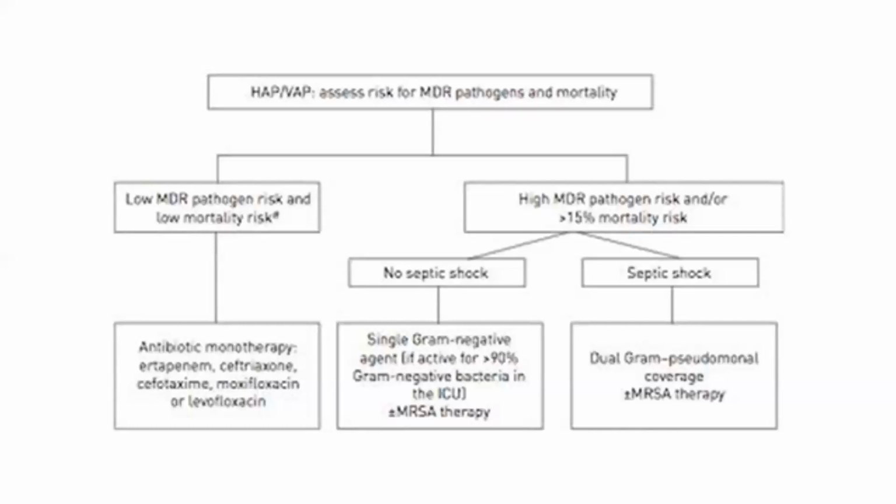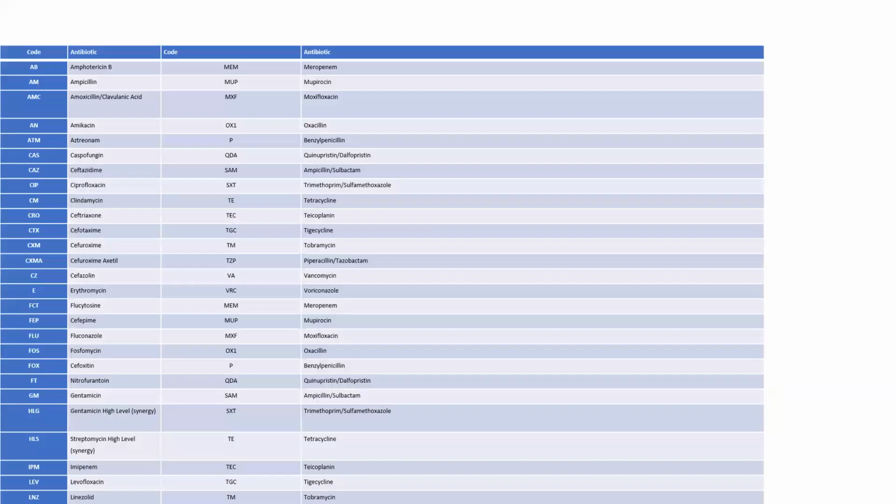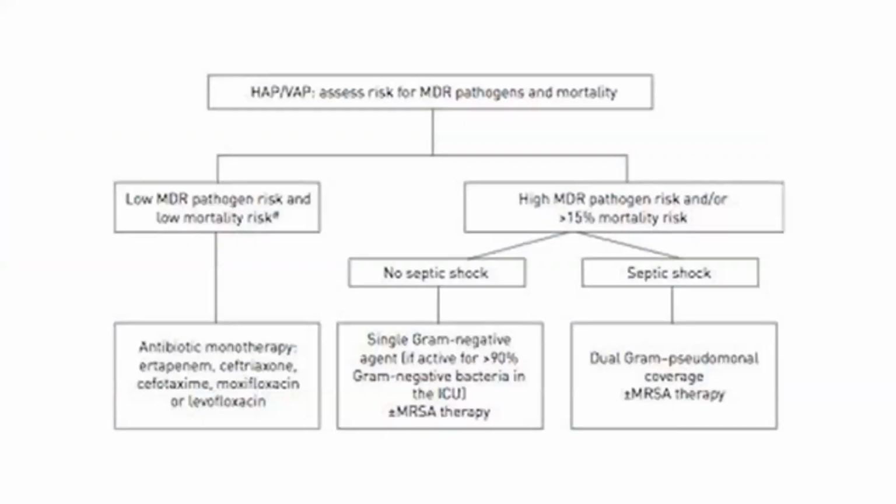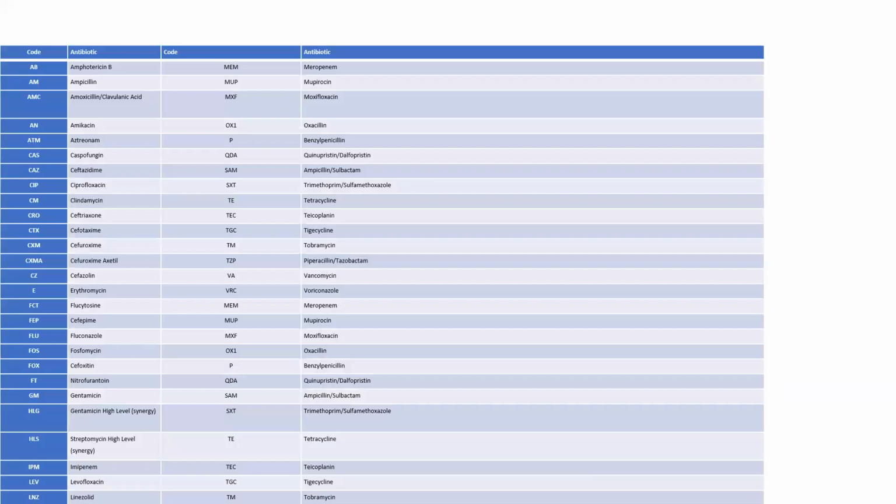So you can categorize the patient and help you choose whether empirically you do a monotherapy or you combine. This is an attempt to come up with an algorithm, I think. But for now, this is what our antibiogram is showing. I'll come back to this algorithm. So let's look at our antibiogram.